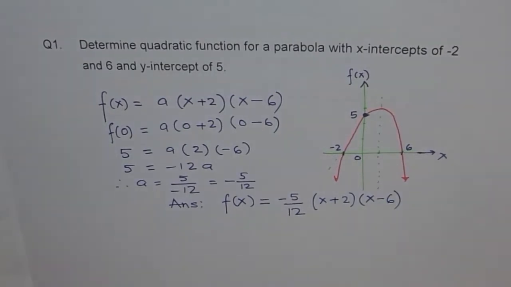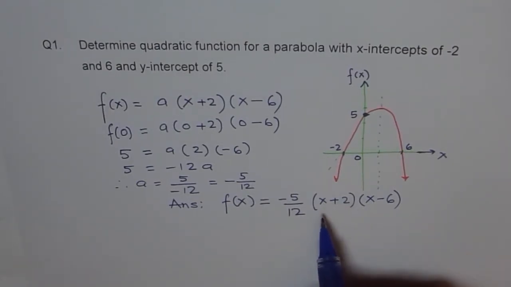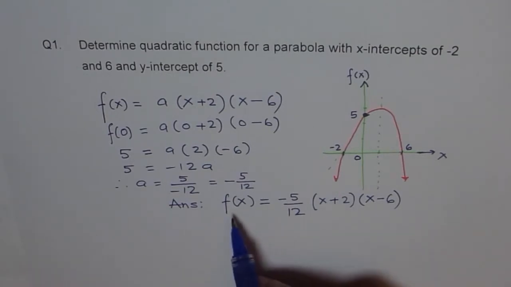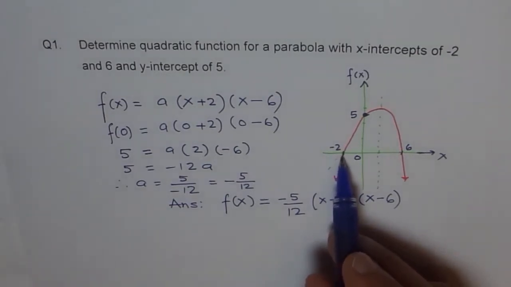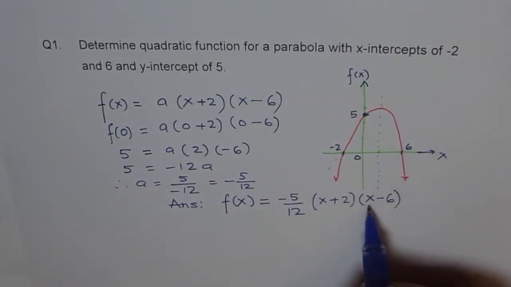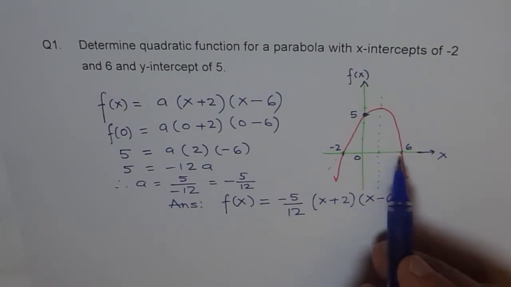Once you've got the answer, it's always a good idea to check it. If I plug in -2 here, this factor becomes 0, since -2 plus 2 is 0, and therefore f of x also becomes 0, and I get an x-intercept. If I put 6 here, then 6 minus 6 is 0, so one of the factors is 0 and f of x is 0, which is another x-intercept.